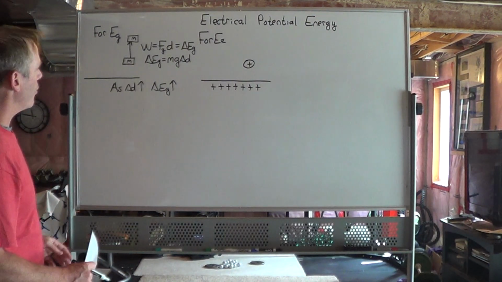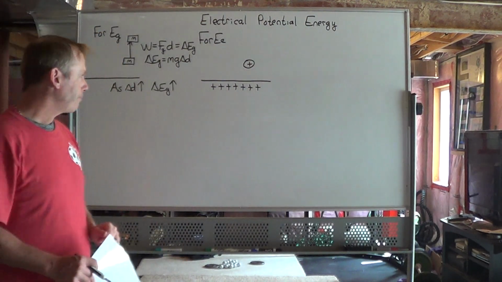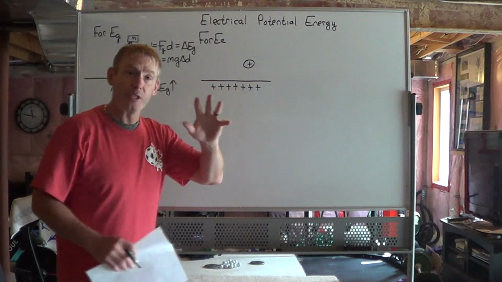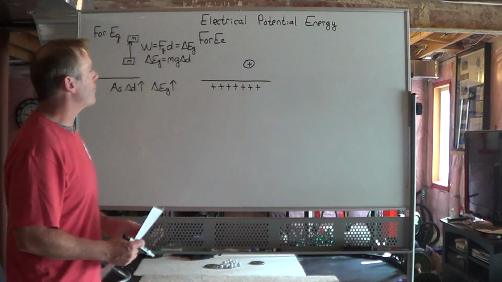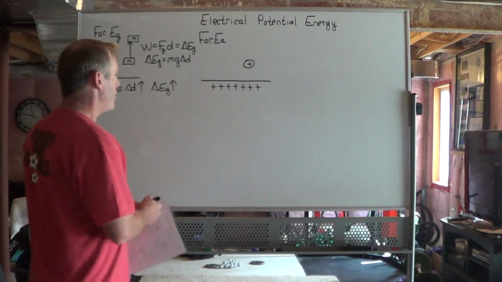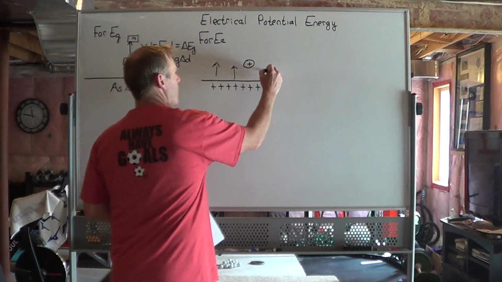But now what we're going to look at is electric potential energy, which is a little bit trickier. Now I have the ground in this case, which is a positively charged plate, and I have my positive charge there. Alright, and so our electric field always moves out, upwards.